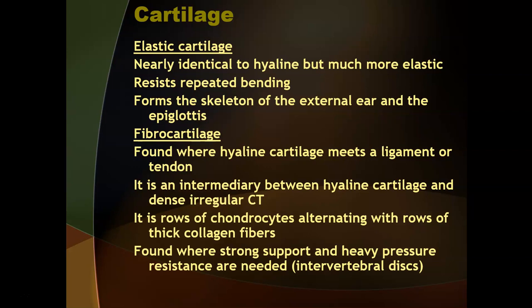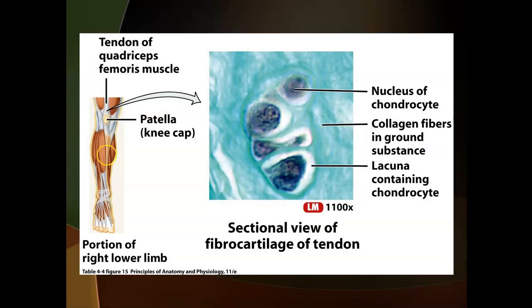So we find it where strong support and heavy pressure resistance is needed. This fibrocartilage is what makes up the intervertebral disc that we talked about, I believe it was last week, in Clinical Anatomy 2. Very strong, very powerful, takes a lot of stress.